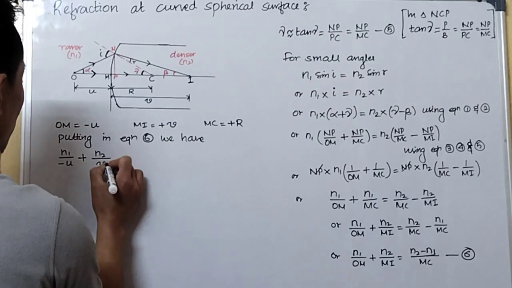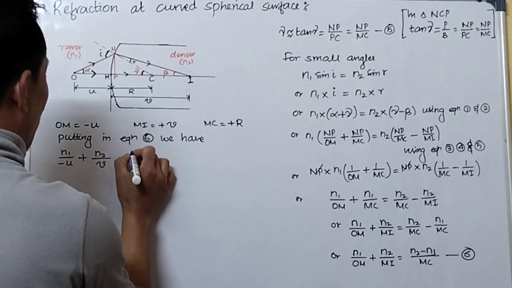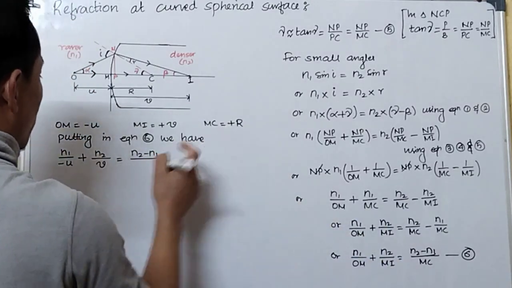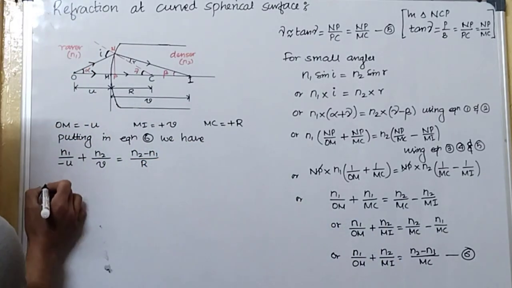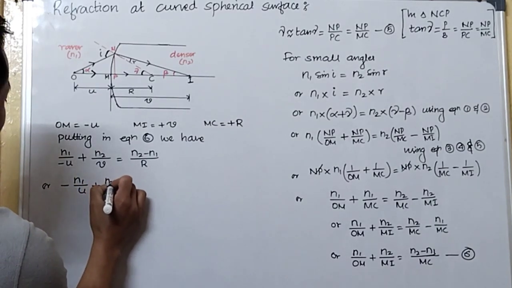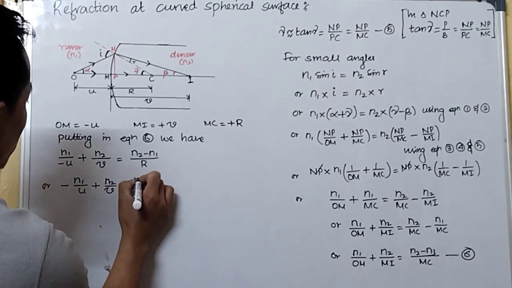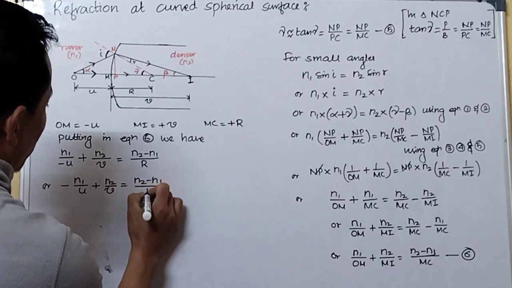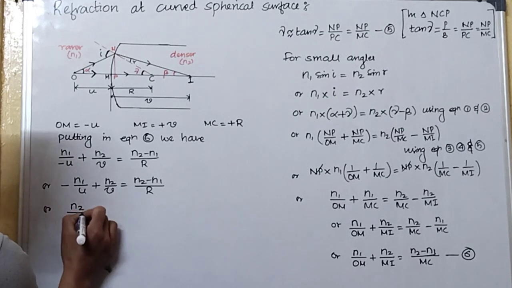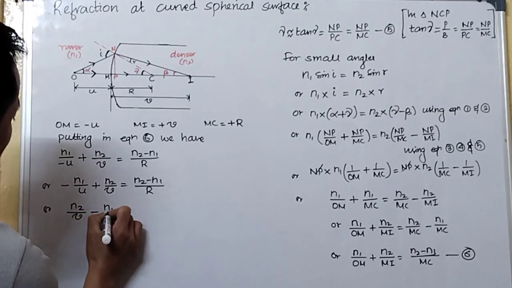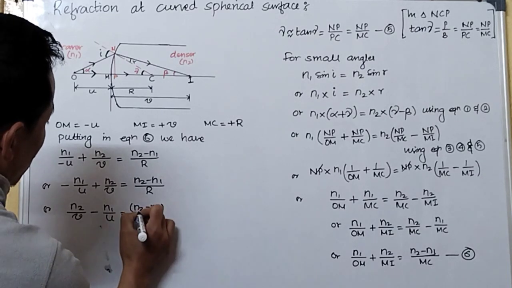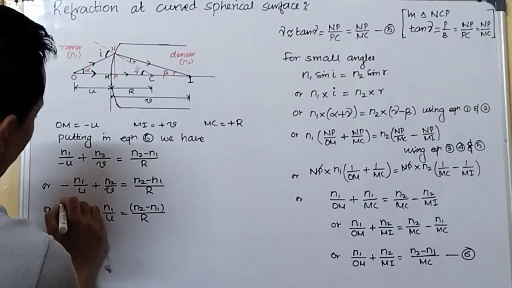MI is plus V, so V equals to, we have N2 minus N1 divided by MC, which is R. So we'll get minus N1 by U plus N2 by V equals to N2 minus N1 divided by R, or you can write this first, so it becomes N2 divided by V minus N1 divided by U, which equals to N2 minus N1 divided by R.